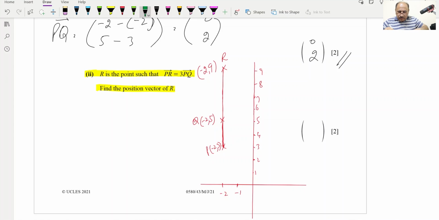Now we can draw the position vector. PR is this direction, and the position vector of PR will be this one. So this is the position vector and this is the origin, and we can write OR is equal to OP. We can draw OP as well.